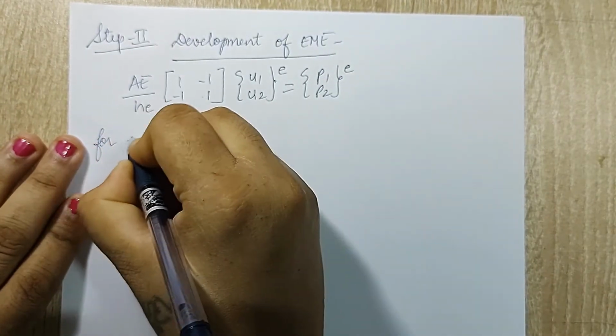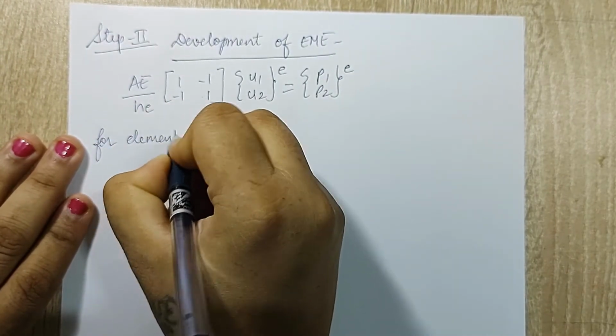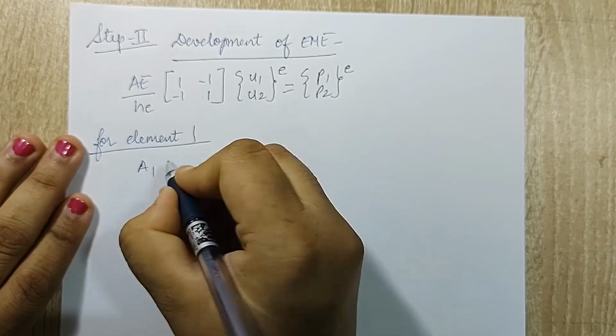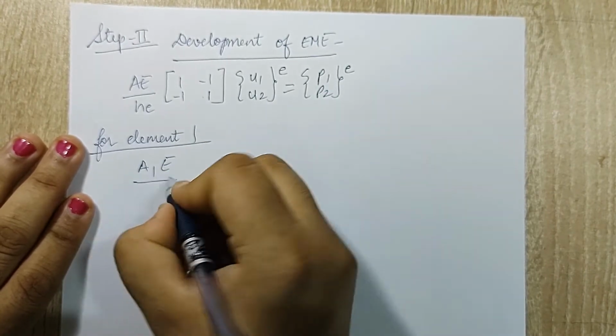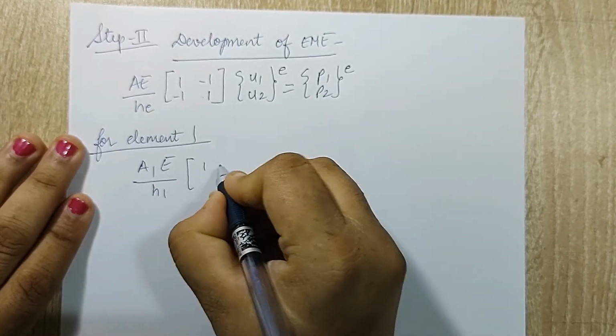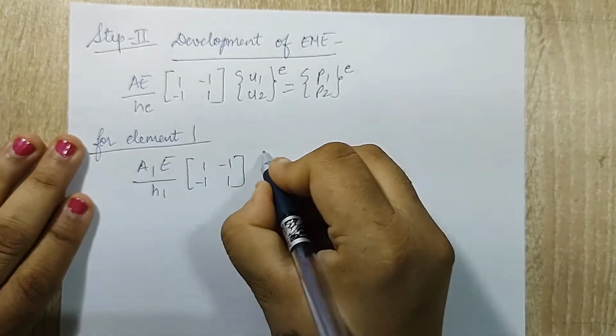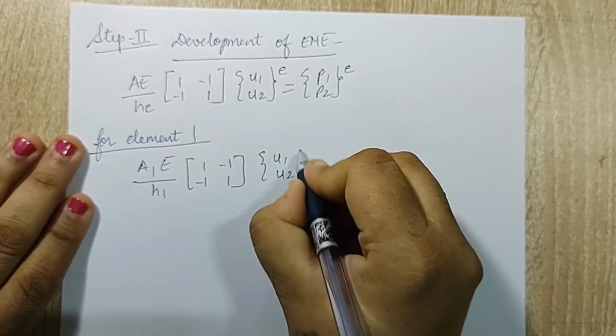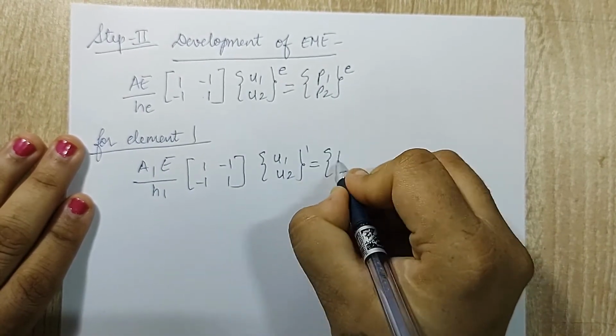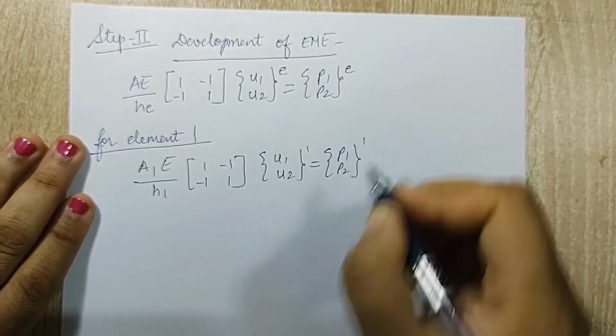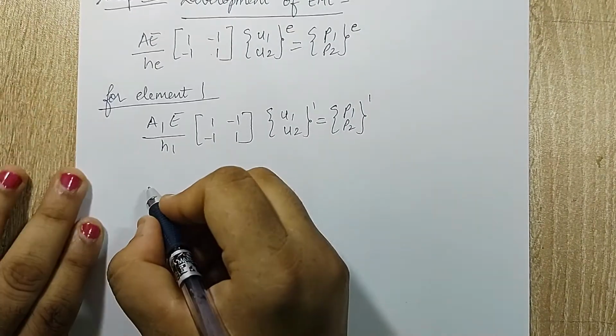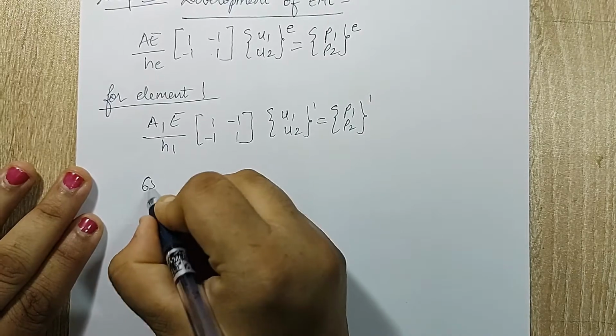I'll start with element 1. Area will be A1. The value of E is common for both. A1 E upon H1 matrix [1 -1; -1 1], here I'll have U1 U2 raised to 1 is equal to P1 P2 raised to 1. The value of A1 I obtained as 65.